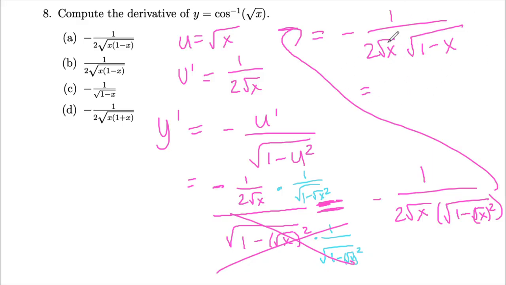The only thing we can do is multiply these two square roots together. So it's going to be negative 1 over 2 times square root of x times 1 minus x. Just like that. Now let's take a look at our answer choices, and it looks like it would be answer choice A.